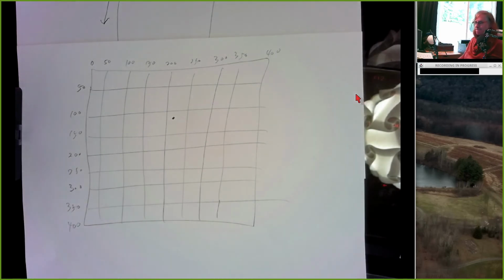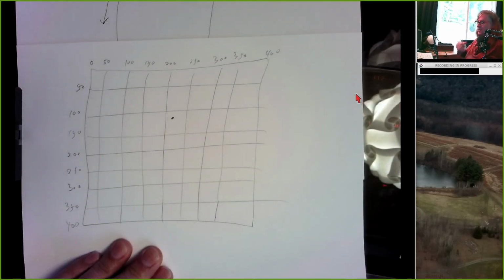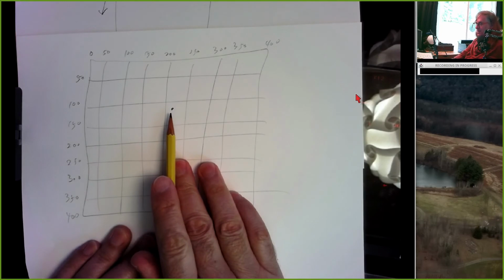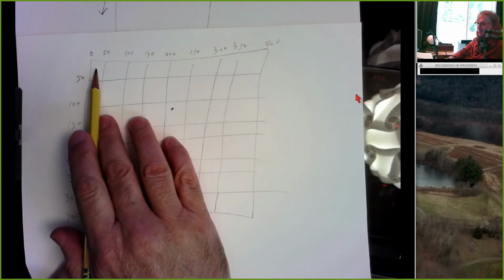I don't know why I'm thinking of modular operators, even though that's incorrect. That's part of it. So it's going to be doing modulos and it's going to be doing integer division. So the integer division part will tell us, for example, what column are we in. Everything from 0 to 49 is going to be in column 0.